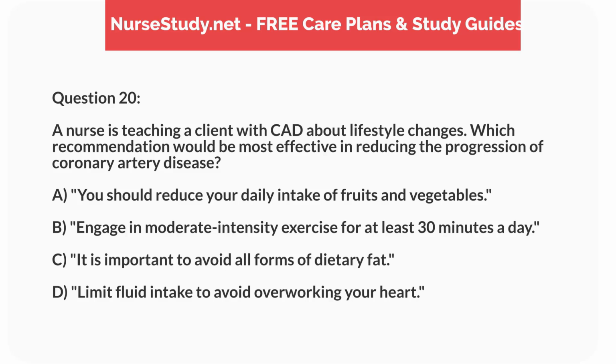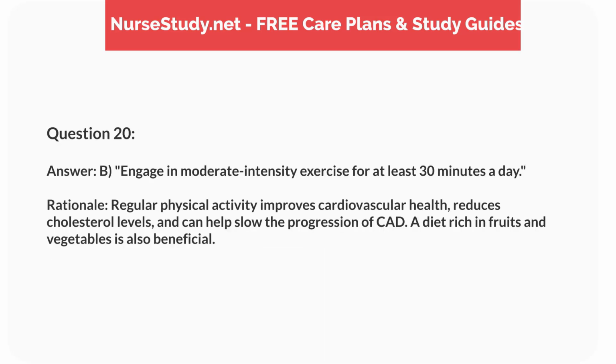D. Limit fluid intake to avoid overworking your heart. Answer, B. Rationale: regular physical activity improves cardiovascular health, reduces cholesterol levels, and can help slow the progression of CAD. A diet rich in fruits and vegetables is also beneficial.